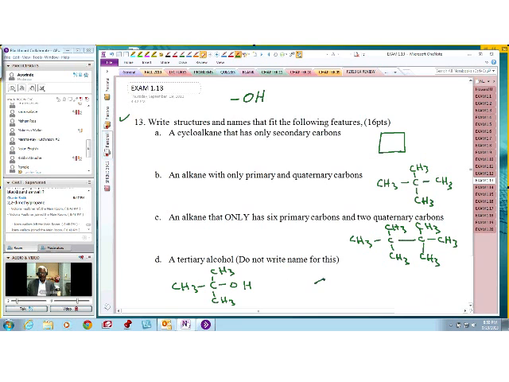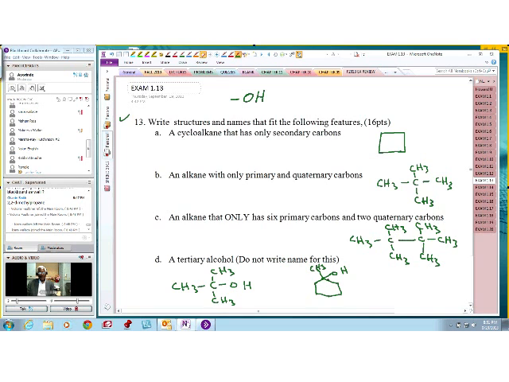I could also have this. This is also a tertiary alcohol because this hydroxy group is attached to this carbon here, which is a tertiary carbon.